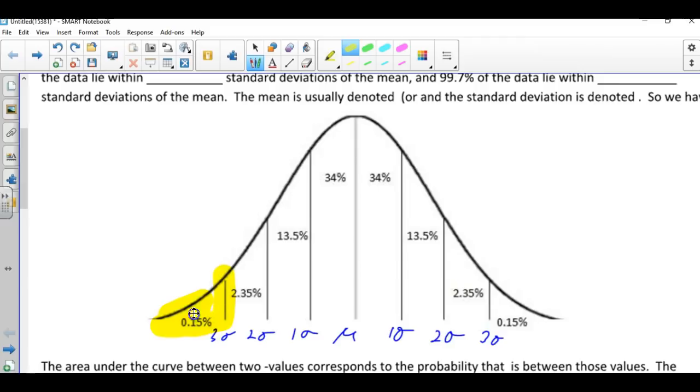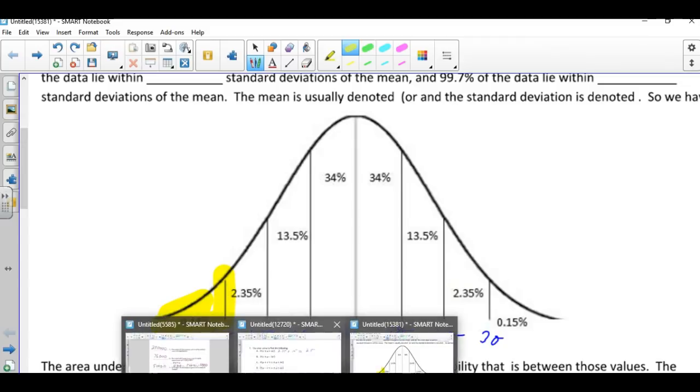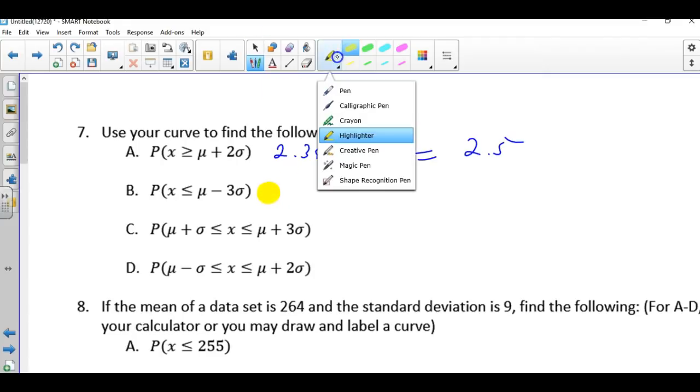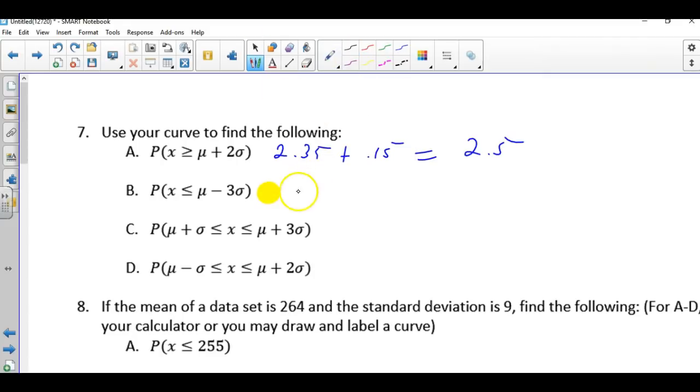So there's only one thing out here, 0.15. That line is minus 3 standard deviations. So 0.15. Oops, let's change back. 0.15 percent. Put that percent.